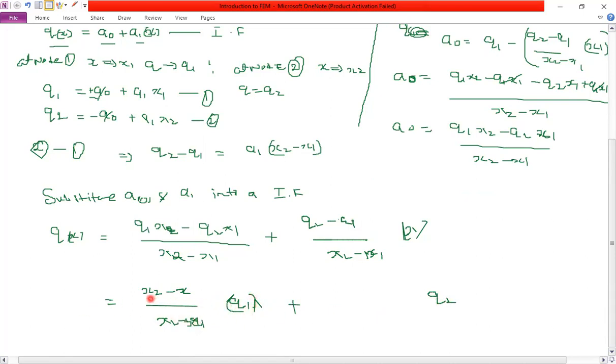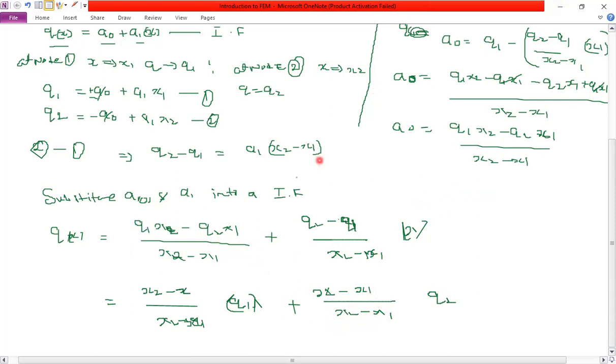The q1 terms will be (x2 minus x) by (x2 minus x1), and similarly the q2 terms, where q2 is multiplied with x minus x1, divided by x2 minus x1.